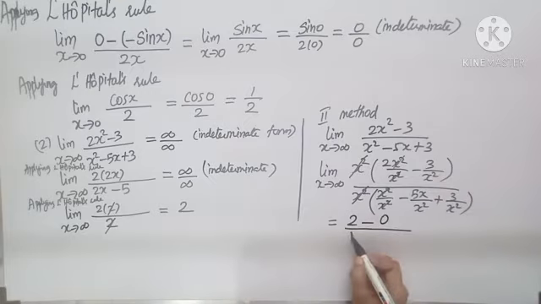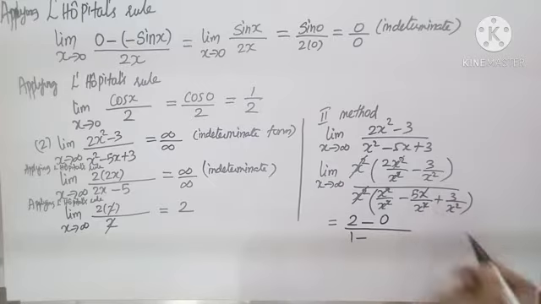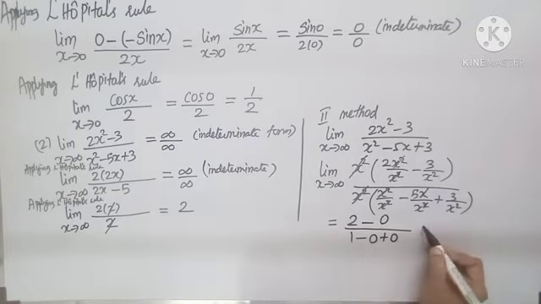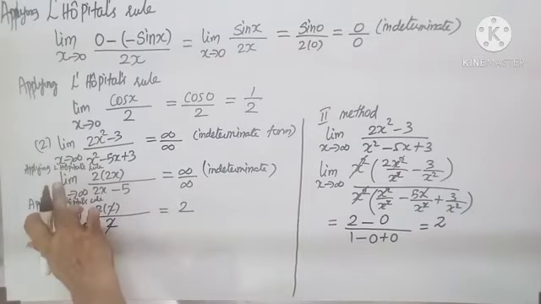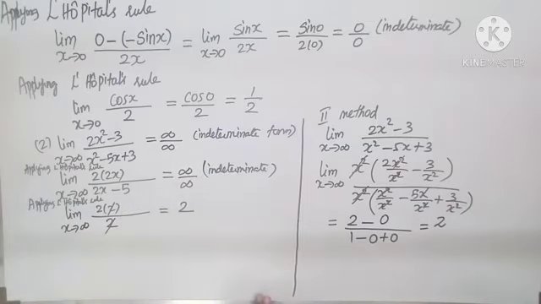Here I have 1, x and square get cancelled. 5 by infinity is 0 plus 3 by infinity is also 0. Now also my answer is 2. So this is by the standard 11 method, and this is by this year's method, where we are applying L'Hopital's rule. You can try in any method.